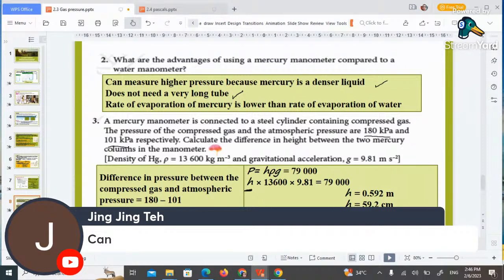If no question, I will go to the notes. You can refer to your notes book, gas pressure. Okay, to the notes. 2.3 gas pressure.